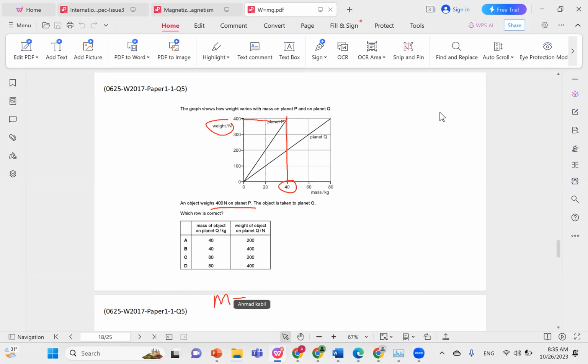So the mass of the object is 40. To get the weight, we just see for a 40 kilogram object, what would the weight be on planet Q? So we go back up, but this time we're intersecting the graph of planet Q. And the answer is 200, hence the correct choice is choice A, mass of 40 and weight of 200.